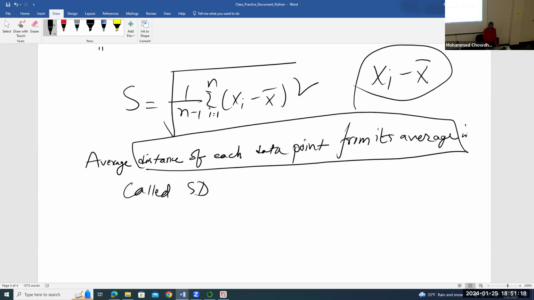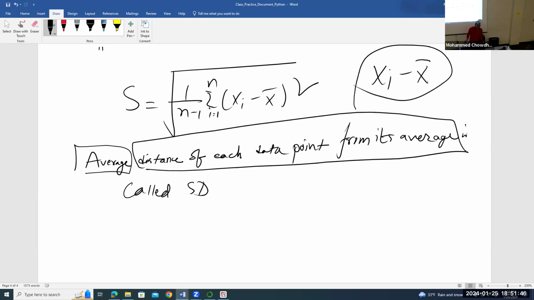Then I say average, right? So this is the distance, and I'm squaring it, so I have to neutralize this, and I put the square root here. And this average is what? N minus 1. Now the question is, I am summing n terms here, but why am I not dividing by n? Why am I dividing by n minus 1?